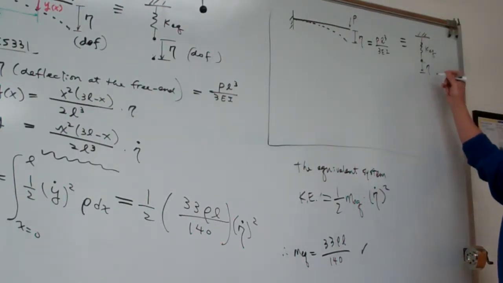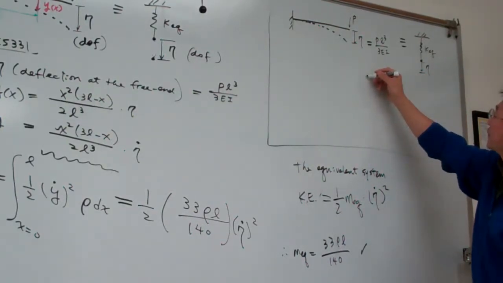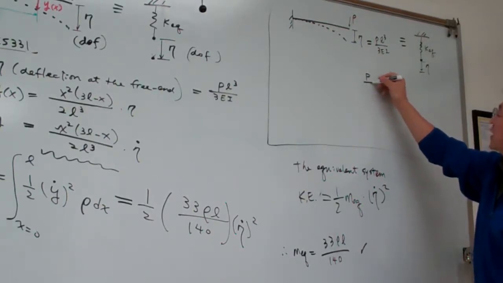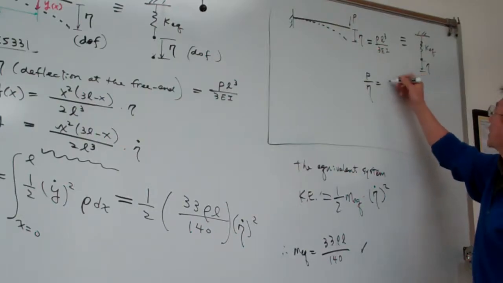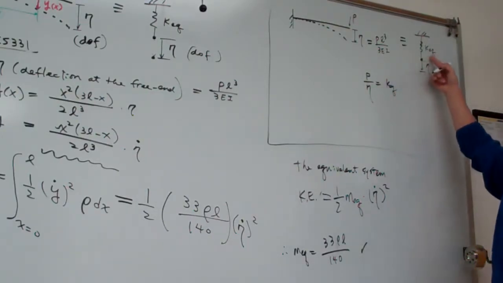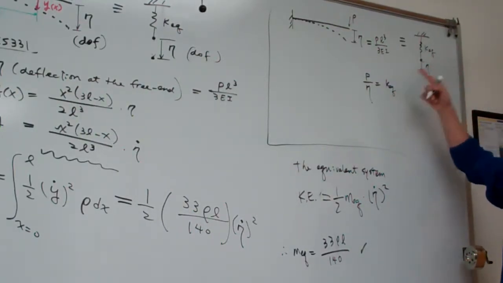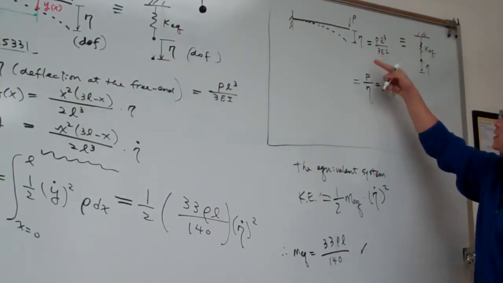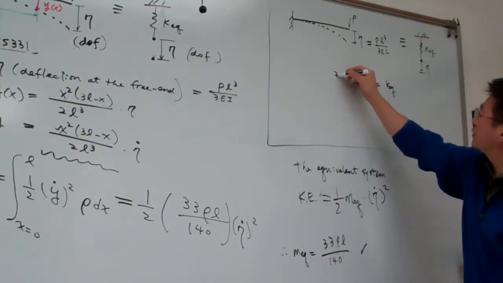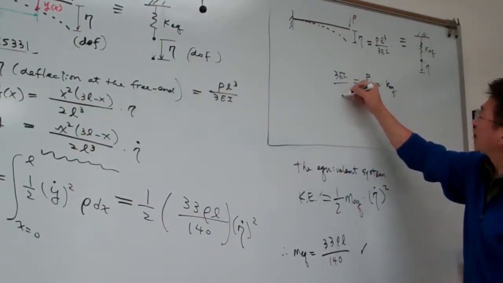From here you can see force divided by displacement, by definition, is our KEQ. Rearranging this equation, P over zeta equals 3EI divided by L cubed.